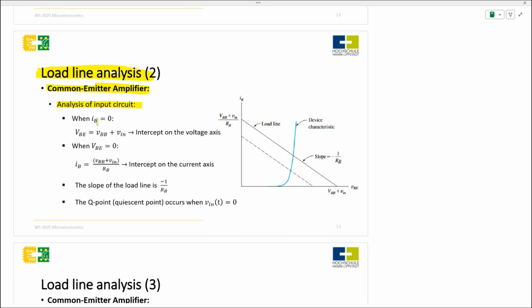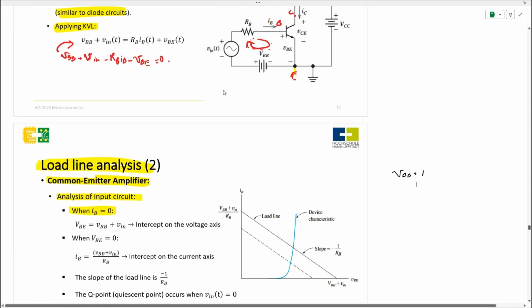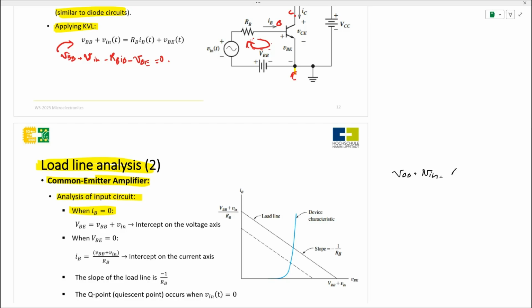Based on the equation that we wrote, VBB plus Vin equals RB IB plus VBE.